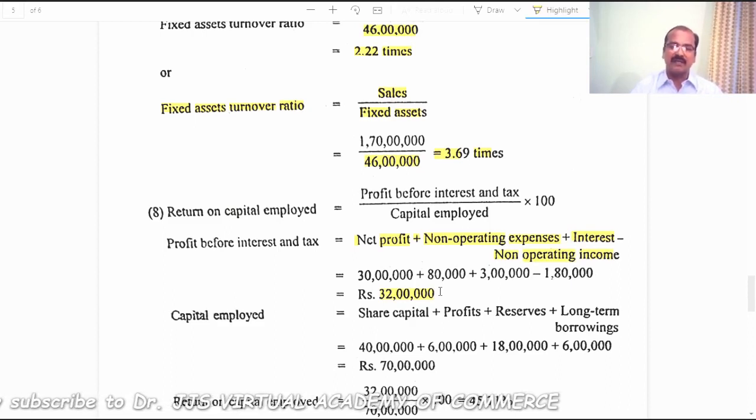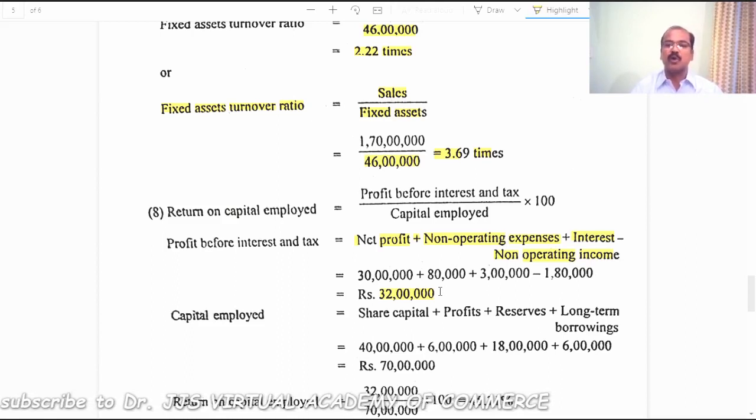Or else, as I said, from GP you subtract the other operating expenses debited in the P&L account, you can come to know operating profit. So instead of this numerator, we can very well write operating profit divided by capital employed. It would be more appropriate. What about capital employed? Shareholders funds plus long-term liability. It comes to the total of 70 lakh rupees.